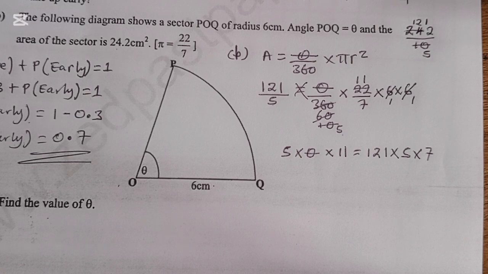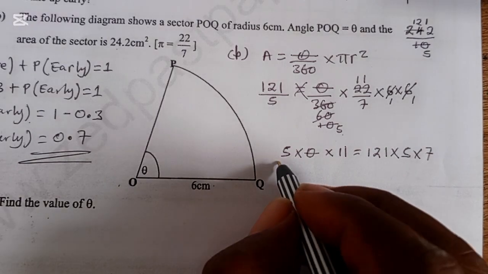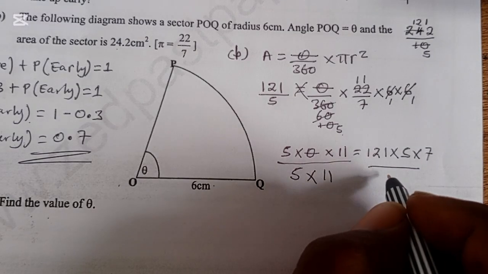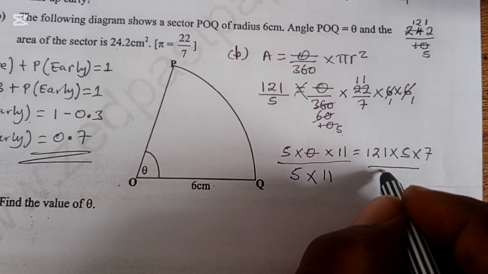So from there now, I'll make theta the subject of the formula. Remember that this is paper 1. You are not required to use a calculator. So in this case, I'll say over 5 times 11, over 5 times 11.